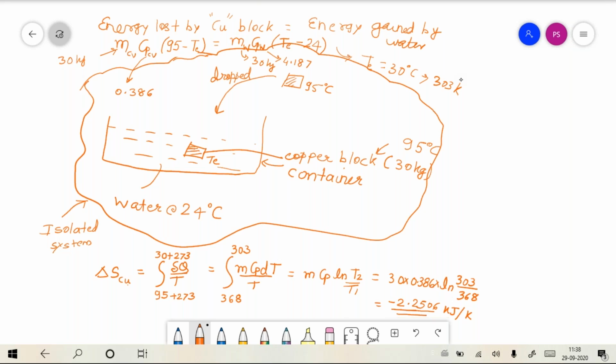So the entropy change of water, if I want to write it somewhere here, let me use another pen. I am using a blue pen for that.